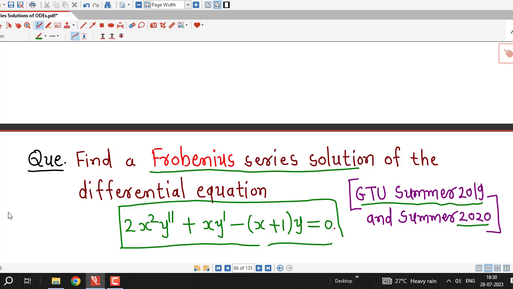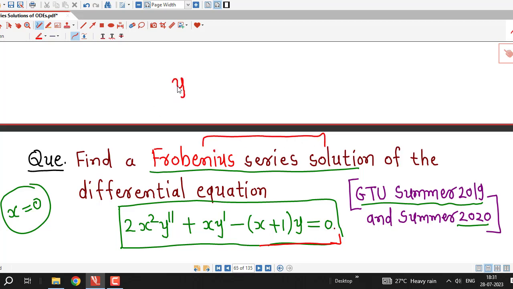So if the point is not specified, we will consider our point as 0. So first we have to decide whether x equal to 0 is a regular singular point of this equation or not. Then only we can apply this Frobenius method.